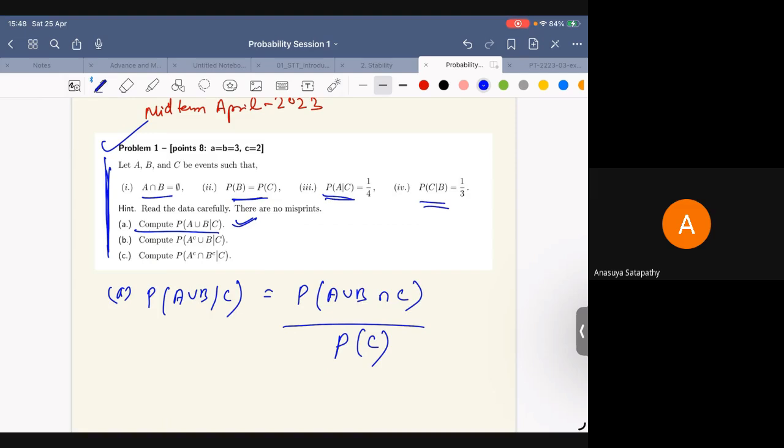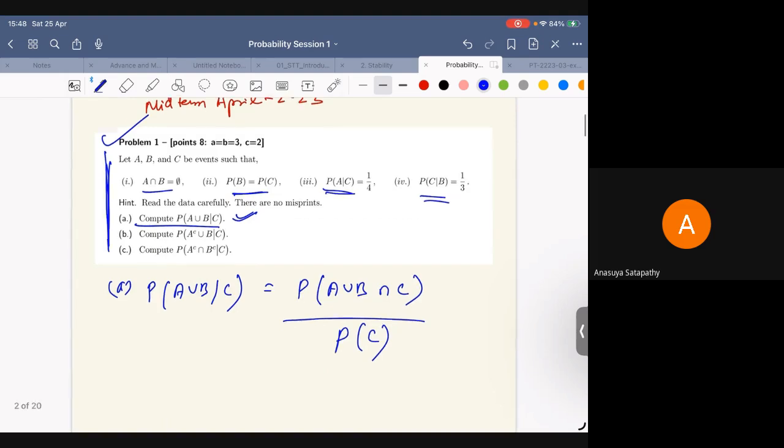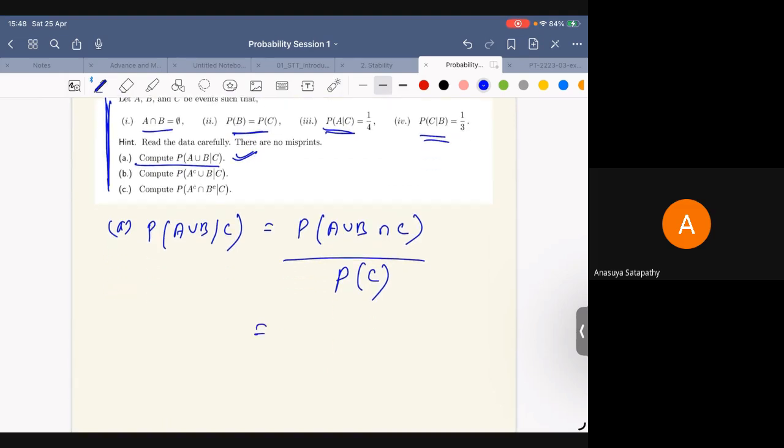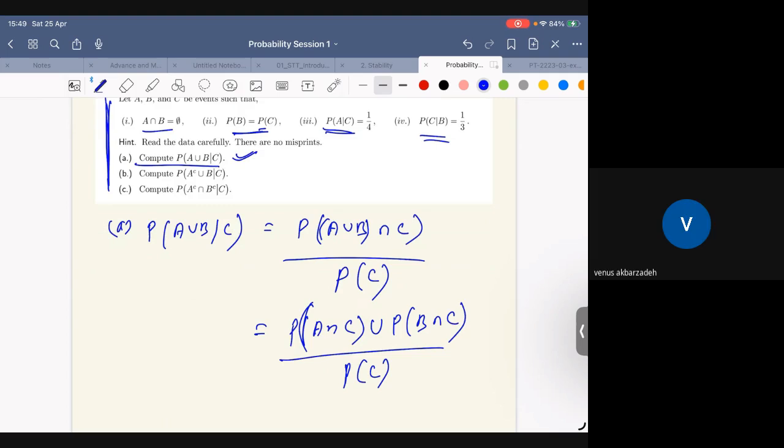So apply the distributive property: P of A intersection C union B intersection C, divided by P of C. You have P of C.